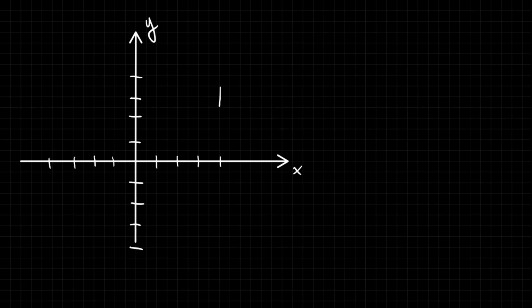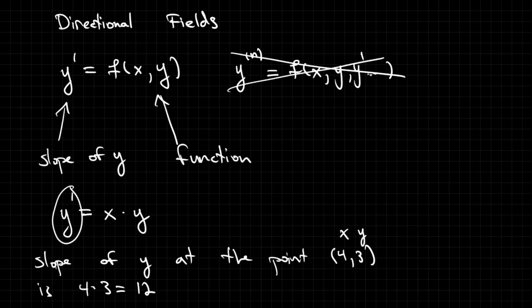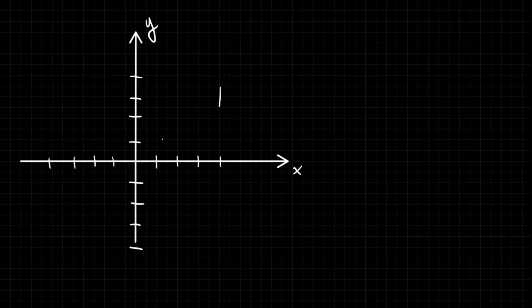I'm not going to do this exactly, but it's going to be fairly steep. Whereas if you wanted to know the slope of the tangent line to y at 1, 1, well, 1 times 1 would be 1. It's not going to be as steep. Let me do this in yellow so that it's a little clearer. So very steep, not as steep.